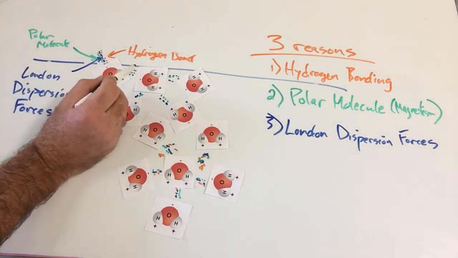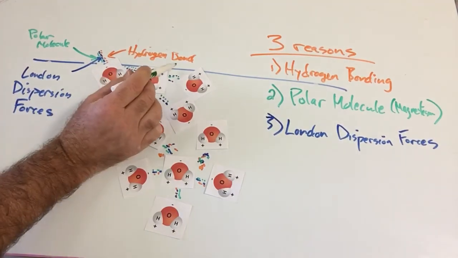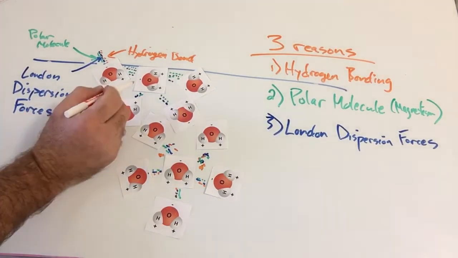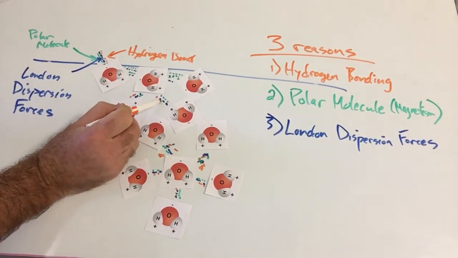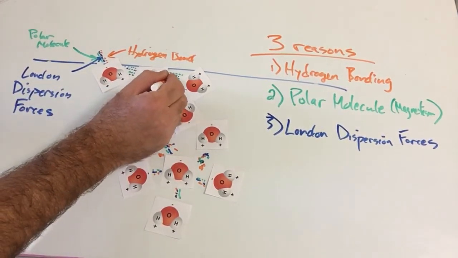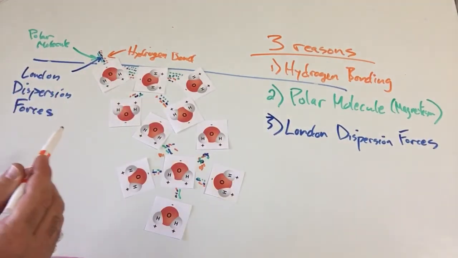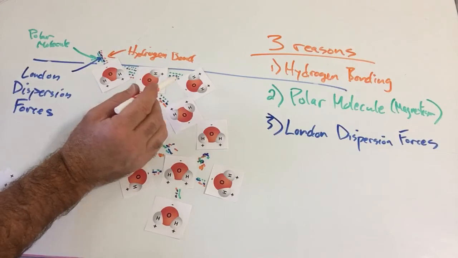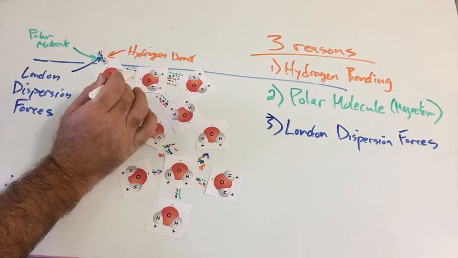So then we get additional magnetism on the side because it's a polar molecule. What about hydrogen bonding? Same thing. It's going to hydrogen bond with atoms below it. It's going to hydrogen bond with atoms beside it, but it can't hydrogen bond with anything above it, so they double down. You're going to get additional hydrogen bonds to the side.